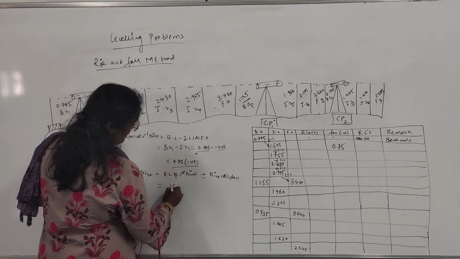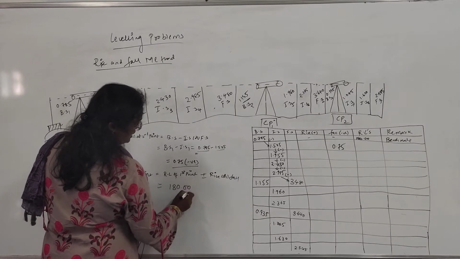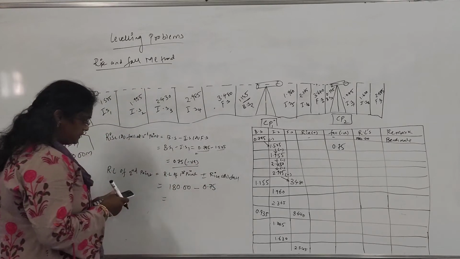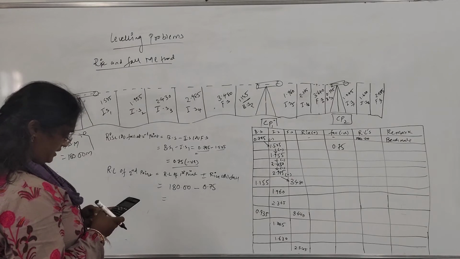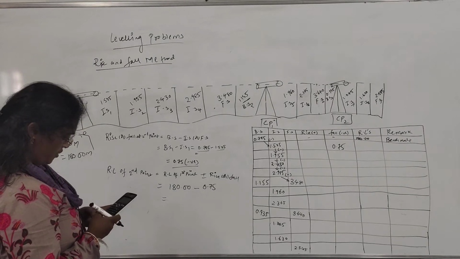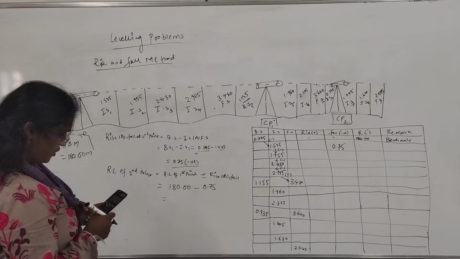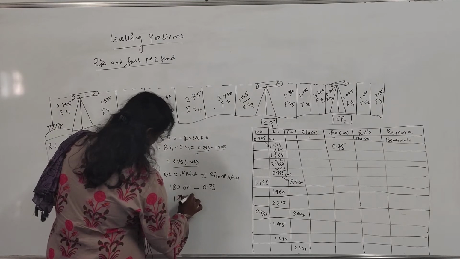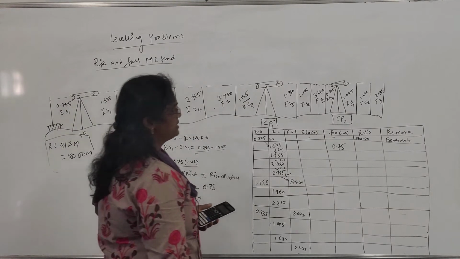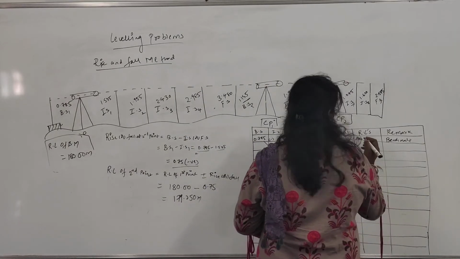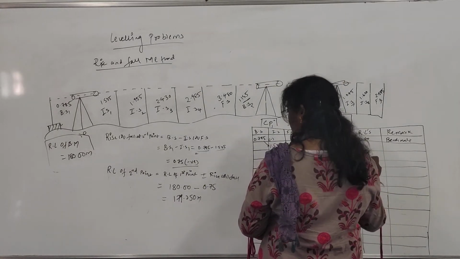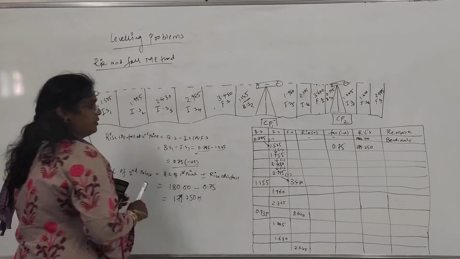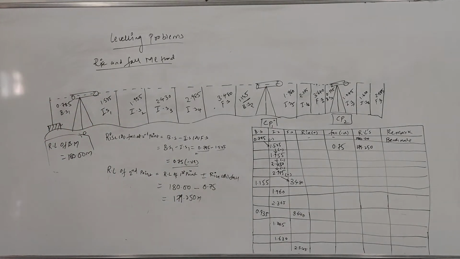RL of first point is how much? 180.00 minus 0.75. What is the value here? 180.00 minus 0.75 will give you how much? 179.250 meters. So the value here is 179.250, right? I hope the concept is clear to everyone.